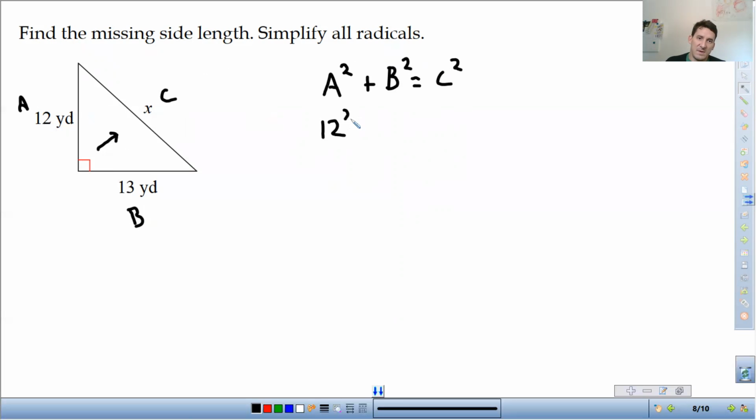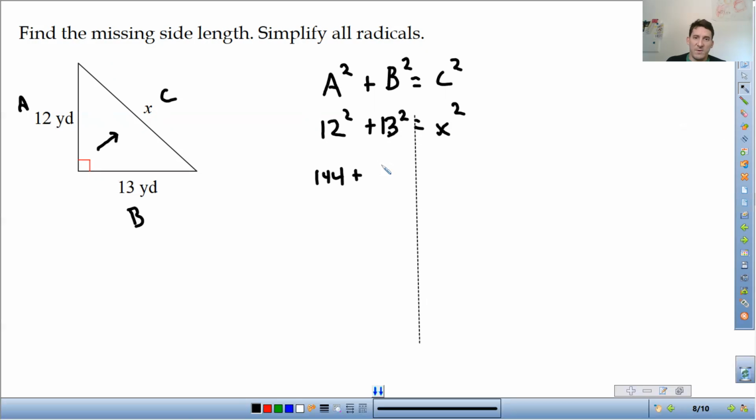A is 12, B is 13 squared, and C was x. I'm going to solve for x. 12 squared is 144. 13 squared is 169. Equal to x squared. 144 plus 169 is 313.